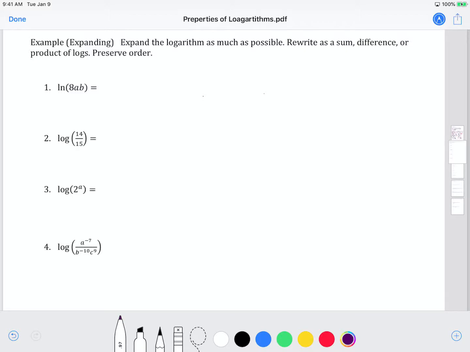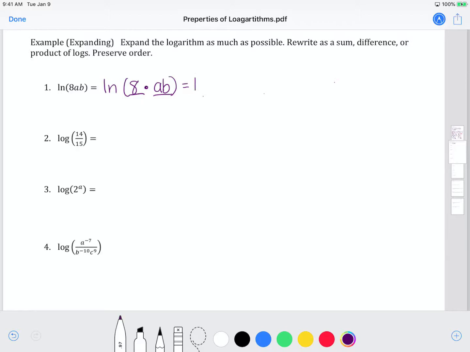So in example 1, I have the natural log of 8 times a times b. I'm going to break up that 8, a, b into two separate products, or two factors. I have this factor and this factor. If you look back at your rules, the product rule says that I can split this up using addition.